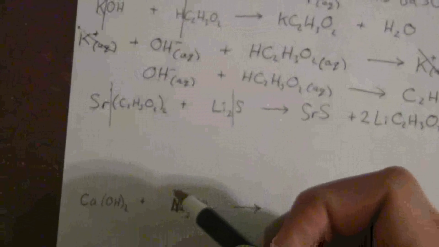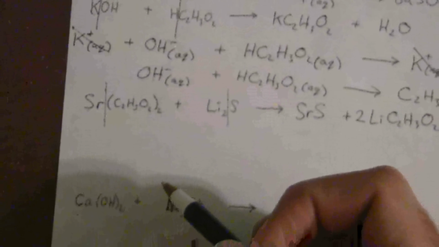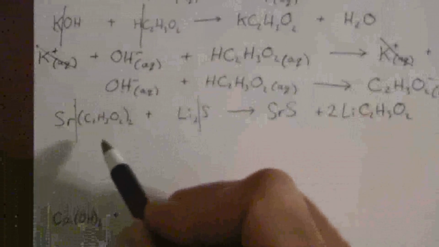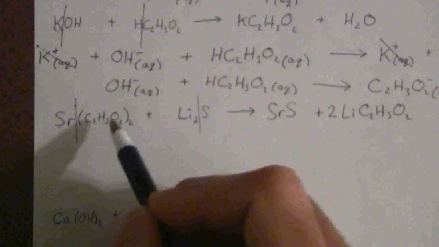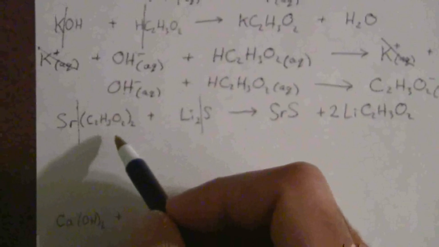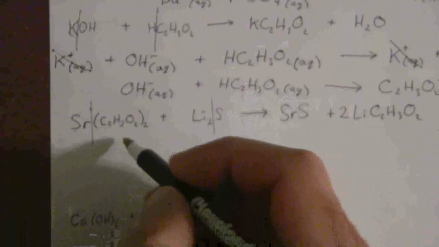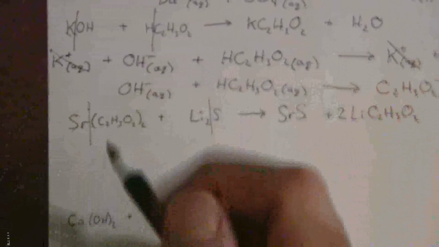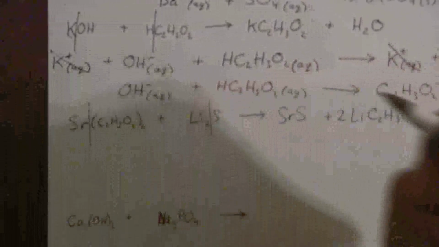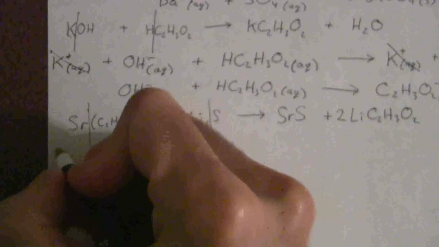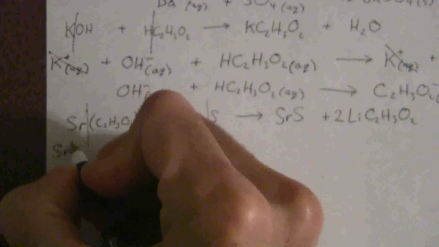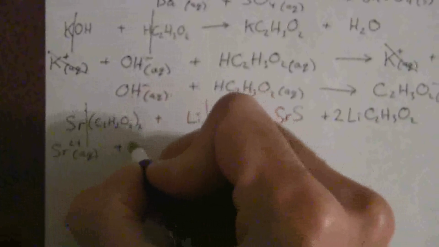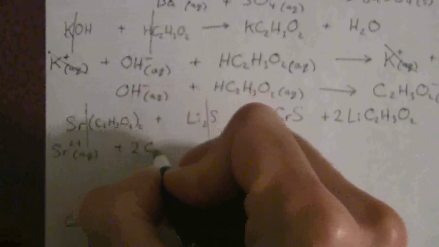Let's consult our solubility tables, and you'll find here it'll list acetate in the soluble section, and we look for exceptions. Well, there are no exceptions to acetate containing compounds, so this is a soluble compound. So we have the strontium ions plus 2 acetate ions.